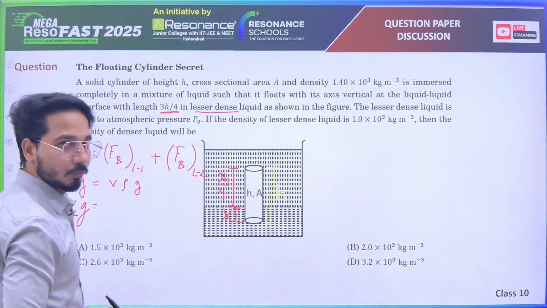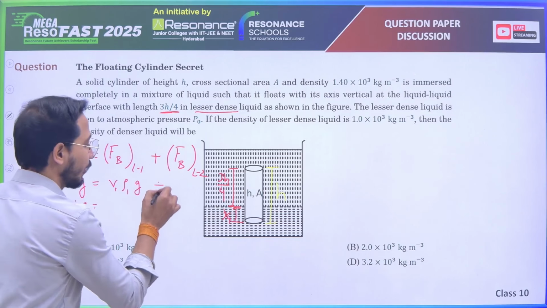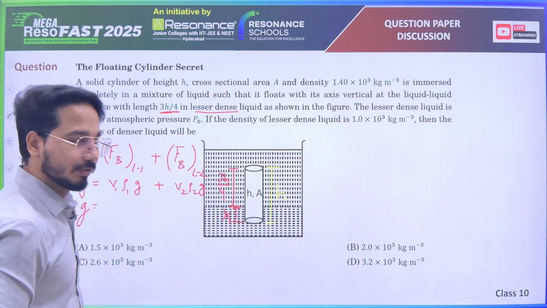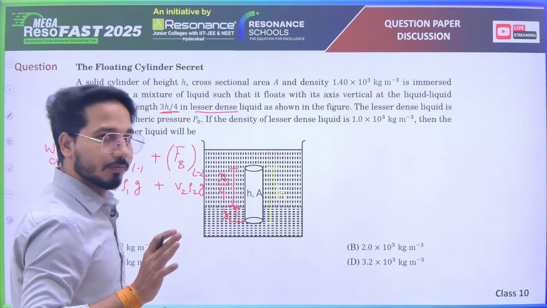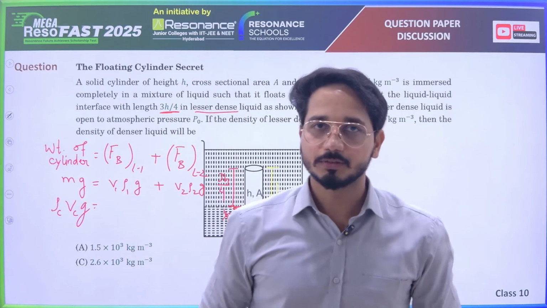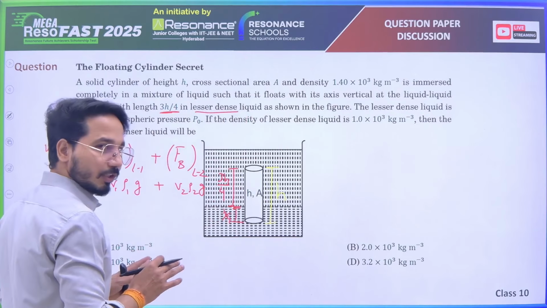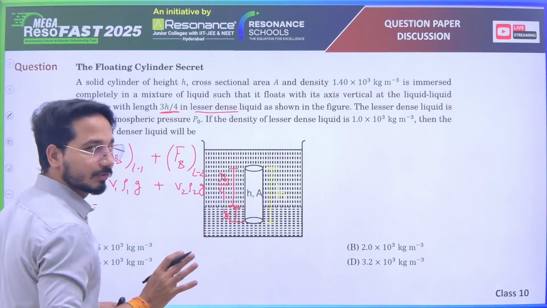We know the formula, buoyant force is V rho g. So V1 rho 1 g plus V2 rho 2 g, right? Now V1 is not known to us. Volume is not given. So what will we do? If volume is not given, at the same time we can observe that the area and height of the cylinder are known.